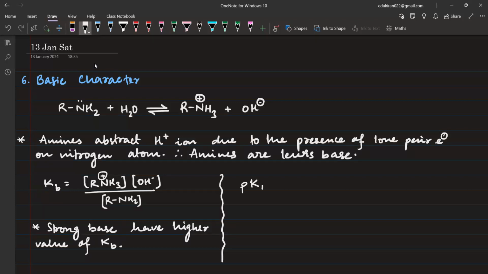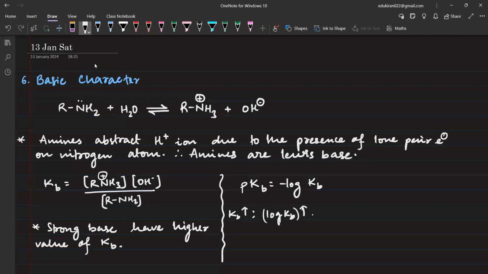You also know that pKb, P means power of, and that is equal to minus log of Kb. Now, if the dissociation constant of base Kb is higher, then log Kb will also be higher.